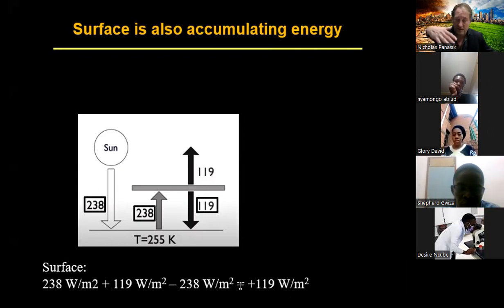In other words, the planet was accumulating energy, and it's really all being accumulated at the surface, right? Because the surface is going to be what emits this energy coming out of it. But right now it's still 255 because this is just an instant right after we've added our atmosphere.